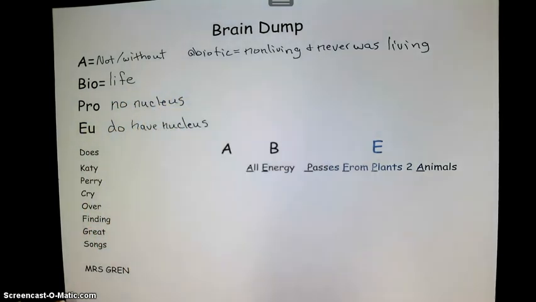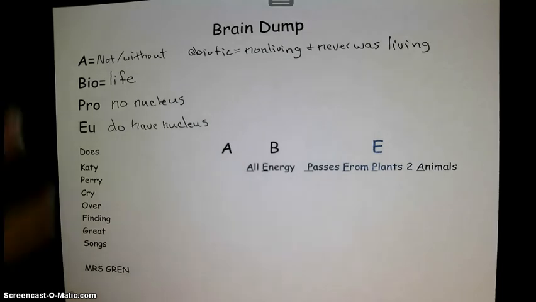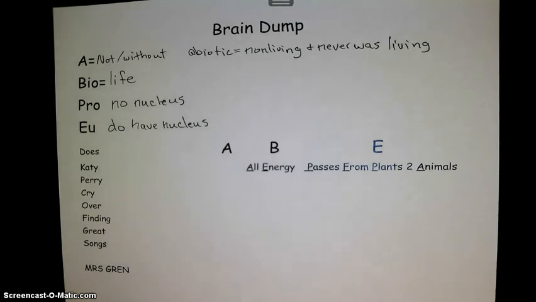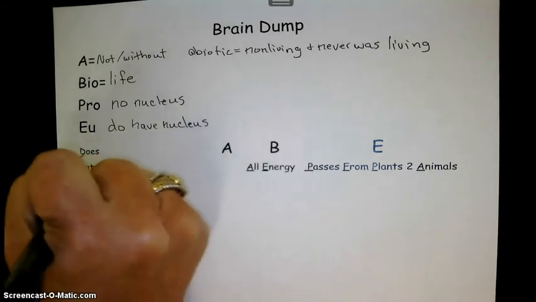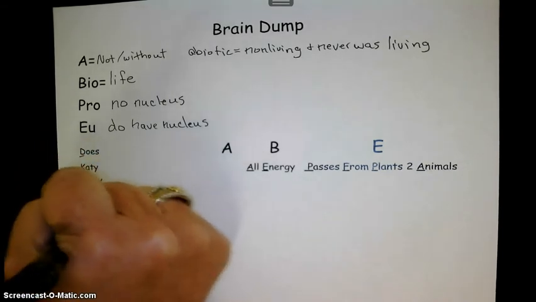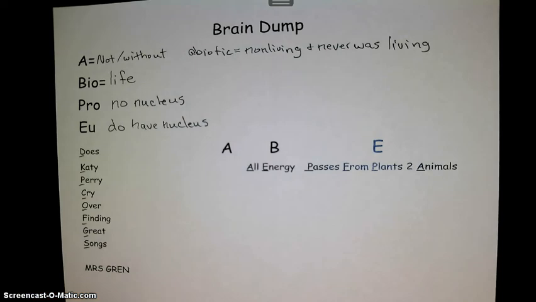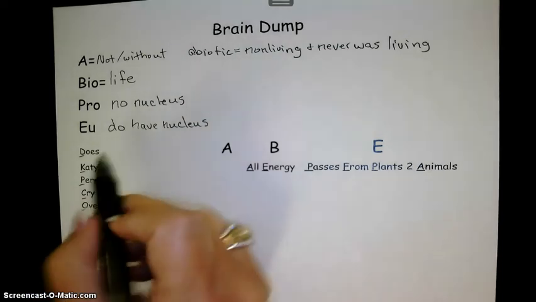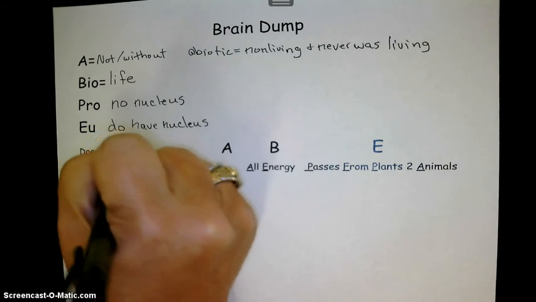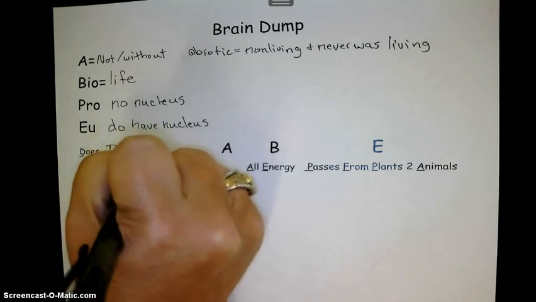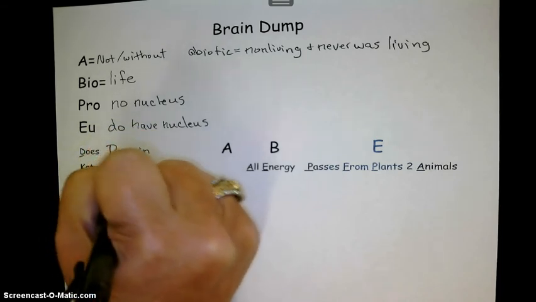All right. And then we had our mnemonic, does King Philip come over for good soup? I changed it up a little bit. Last year some of the kids like, does Katy Perry cry over finding great songs? But the first letter in that sentence reminds us of the order of classification. And so D stands for domain, and K stood for kingdoms.